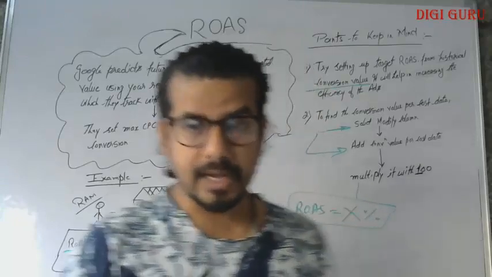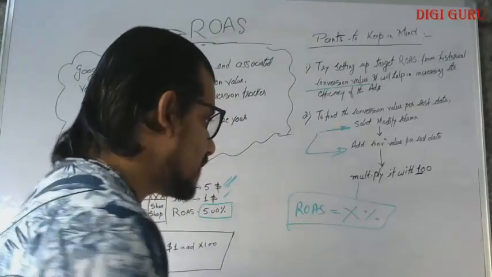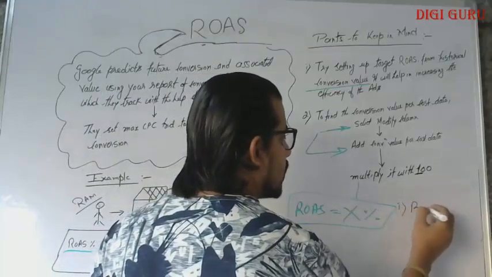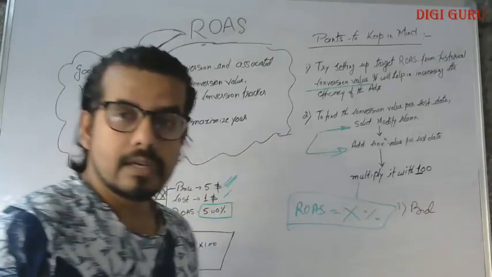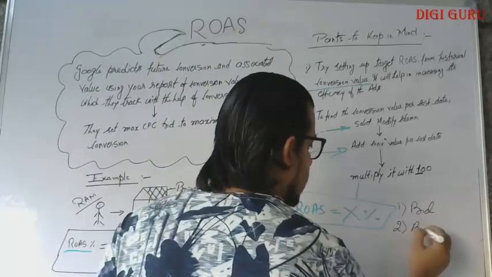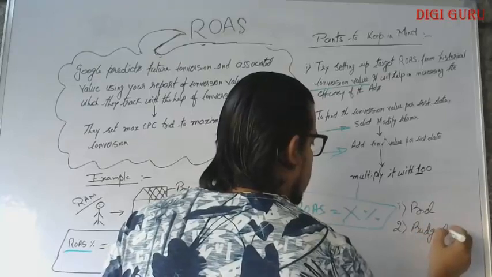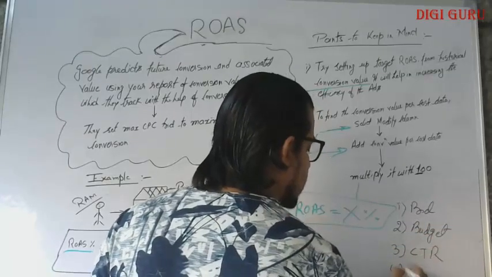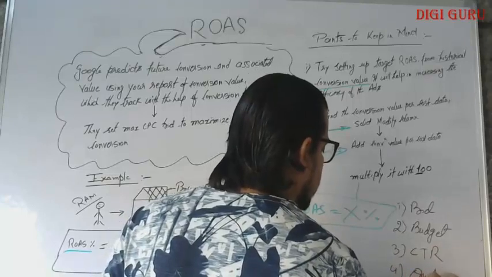If I talk about the hierarchy which Google looks for the selection of an ad, the first number is given to bid. First is bid, second is budget, the third is CTR, and fourth is quality score.